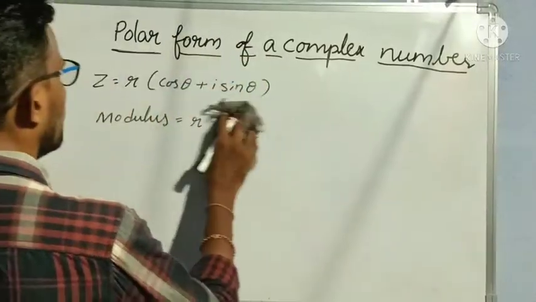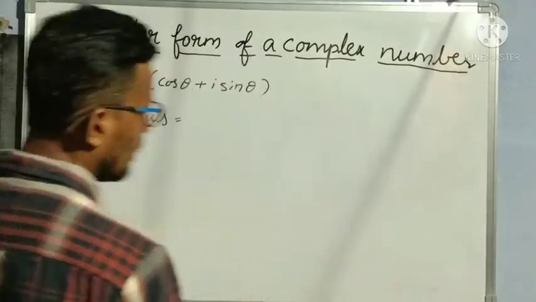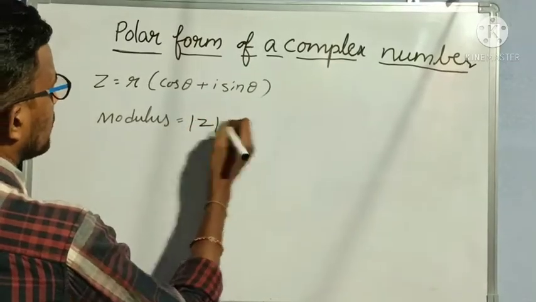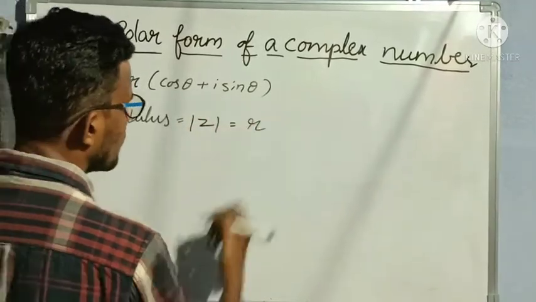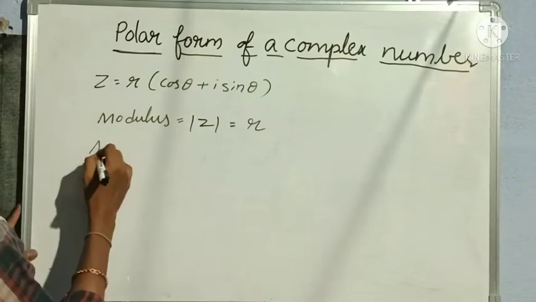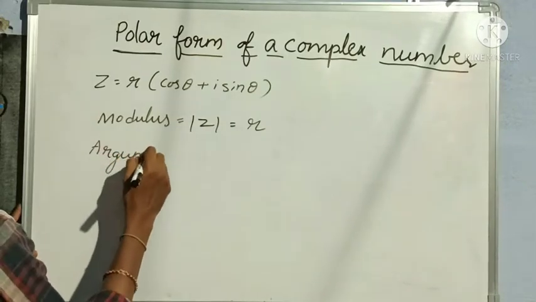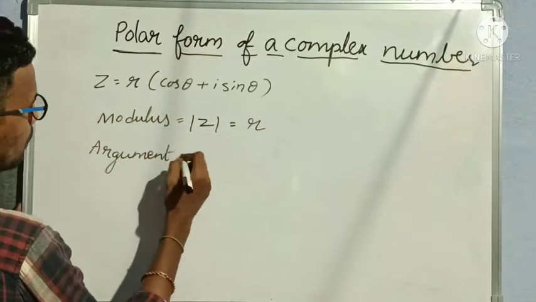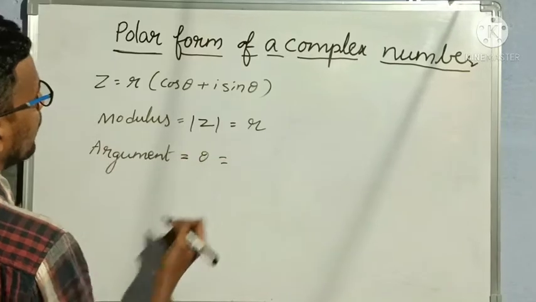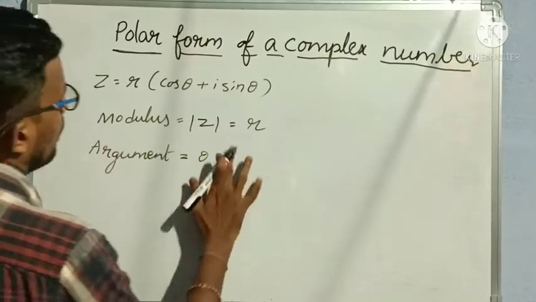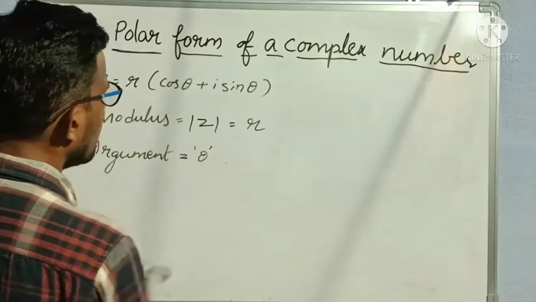Here it is directly given, that is small r. Argument value is theta. Argument value is theta directly.